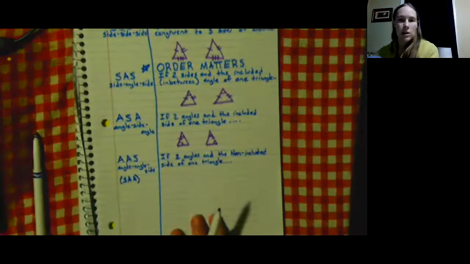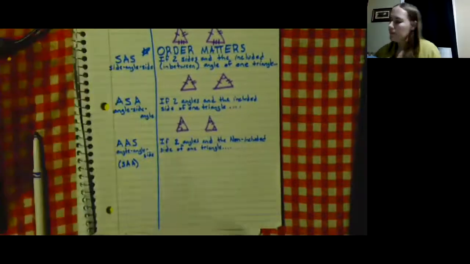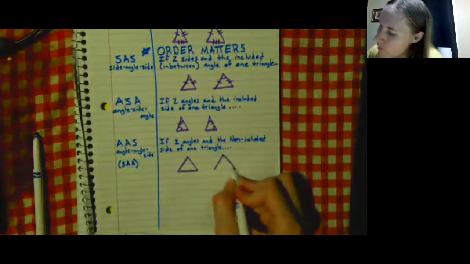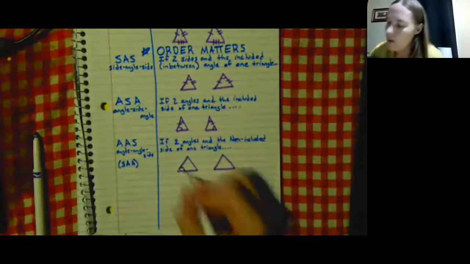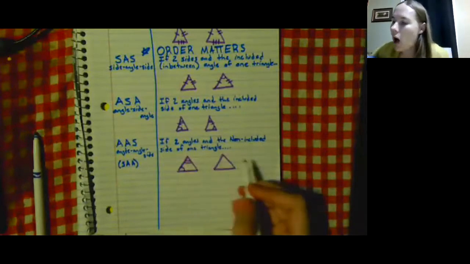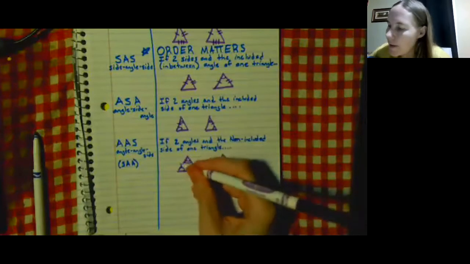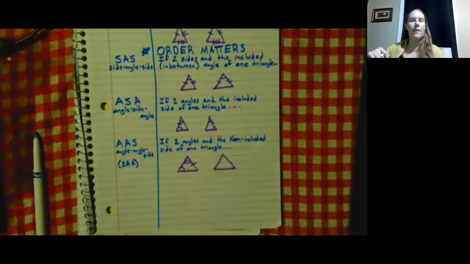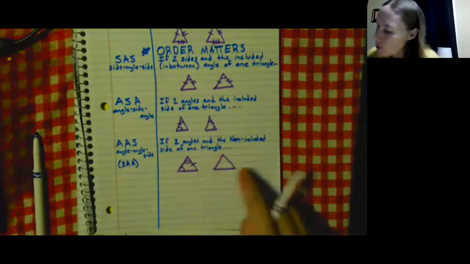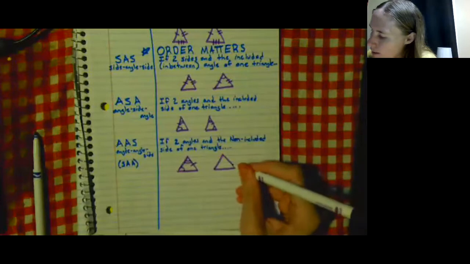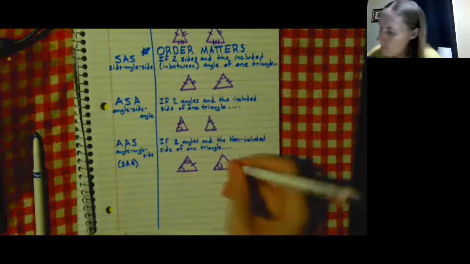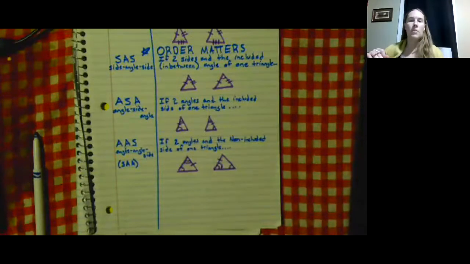So what this one looks like, I'm going to draw my two triangles. So say I have this angle, and then I have this angle, and a non-included side, so it's not on the inside, it would be on the outside here. So I have an angle, and a side. If it's congruent to this other one, let's say this angle starts here, and then I have this angle here, and I have that there.